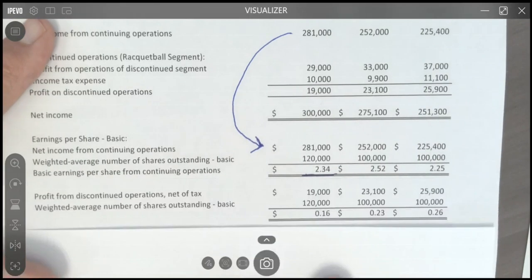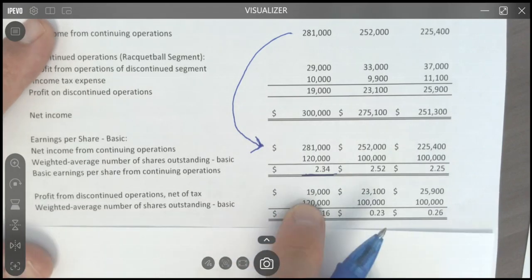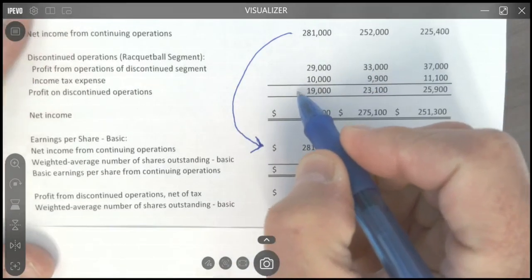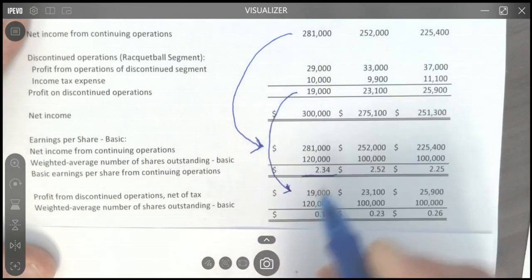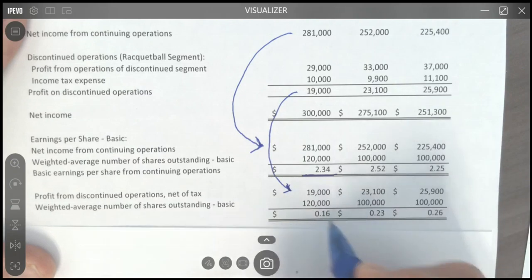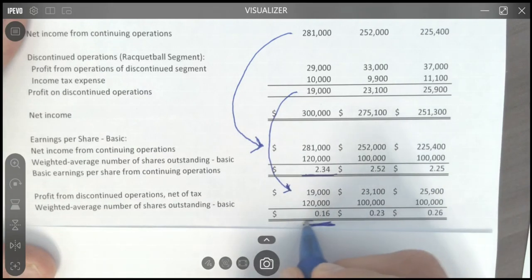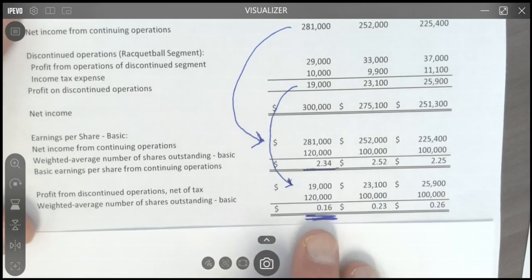And so the other 16 cents is the fact that the profit from the discontinued operations was 19,000 divided by the 120,000 shares. So it's 16 cents a share related to the discontinued operations.